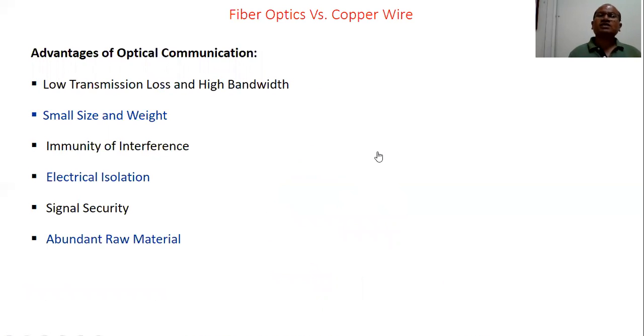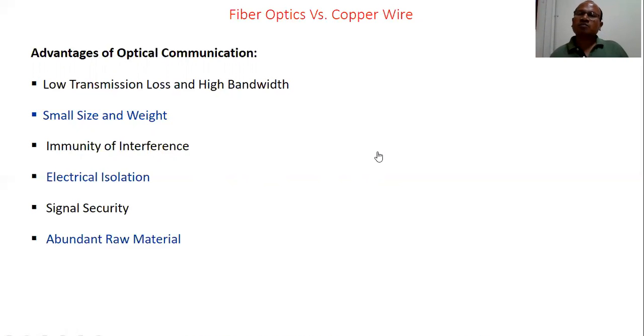Fiber optics versus copper wire. This is the gist, a summary of the advantages. What are the major advantages? Low transmission loss. In the previous lecture, we understood why the transmission loss is small: the possibility of interference is not there.